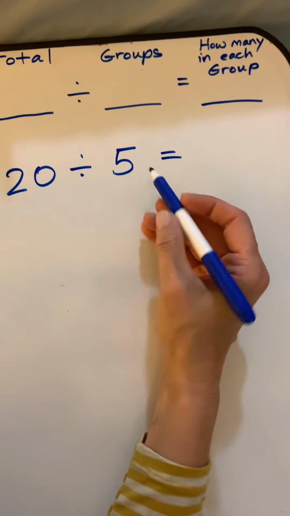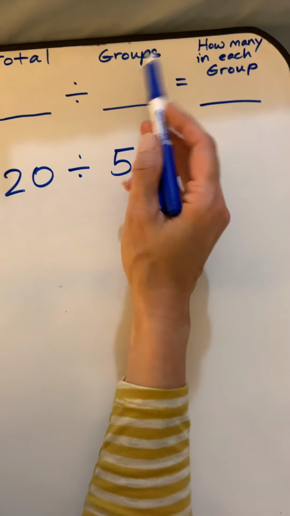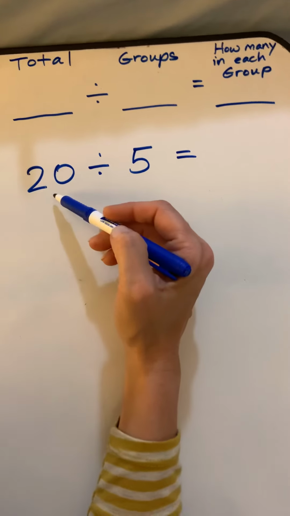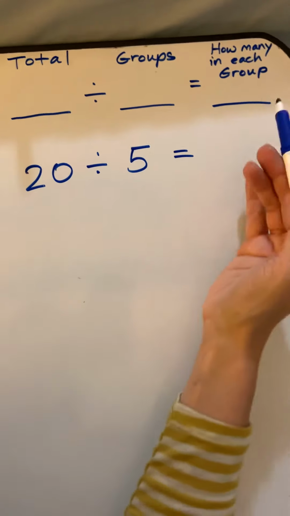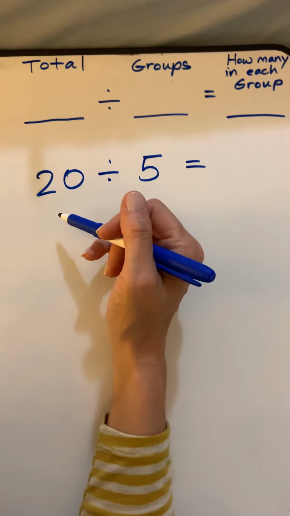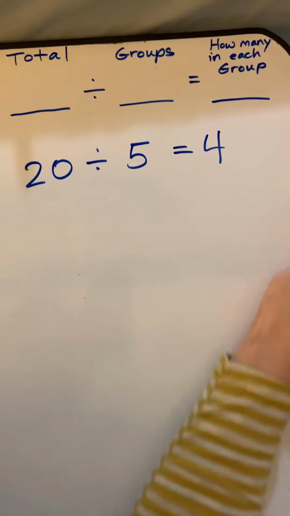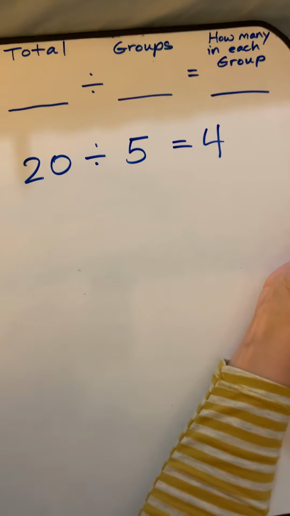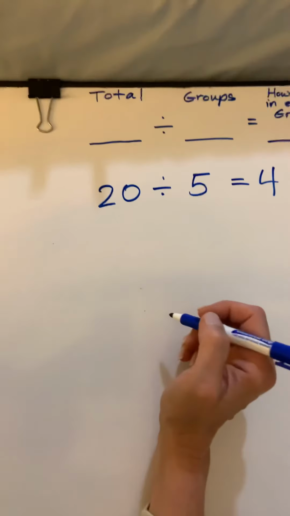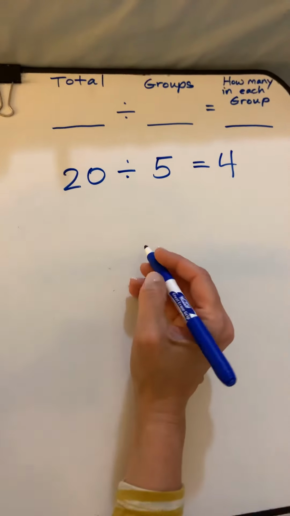And of course, then you can think about 5 groups times how many would equal 20. 5 times what equals 20? 5 times 4.